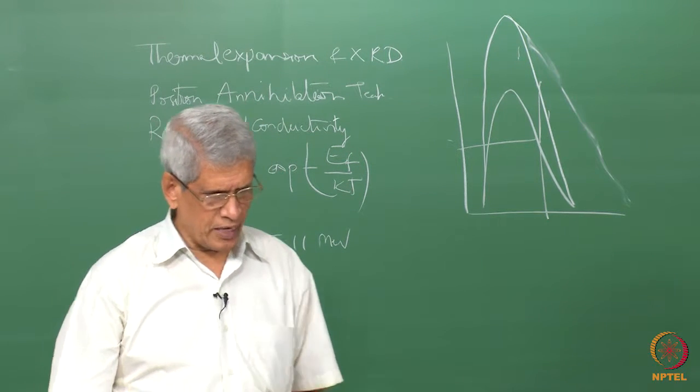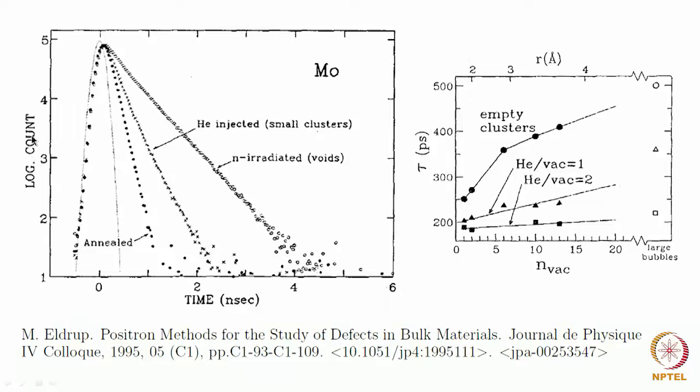If you look at this plot, it's the log of count, with a particular time constant, that is lifetime. Looking at this, we can get that information about this is some defect which is in an annealed sample. If some defect is being introduced into it, we can find out how much is the defect which is present in this sample, correct? Because the count has increased on that. That way we get information about that.